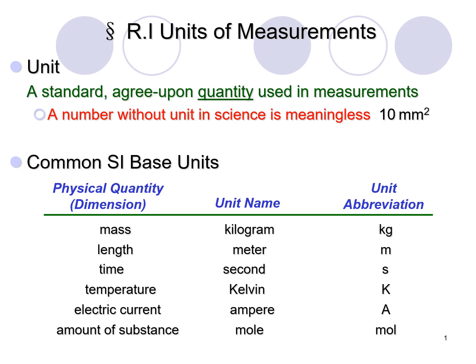And among all these units, there are some base units, which means they cannot be derived. They have to be defined. The base units are units of mass, length, time, temperature, electric current, and the amount of substance.